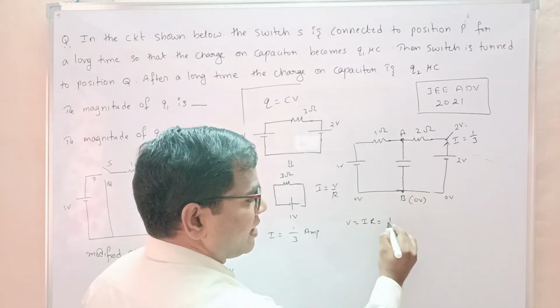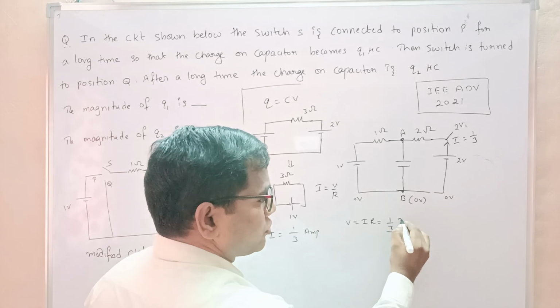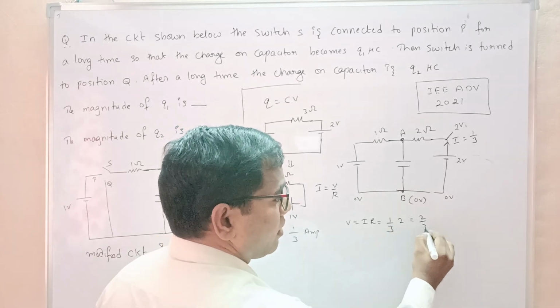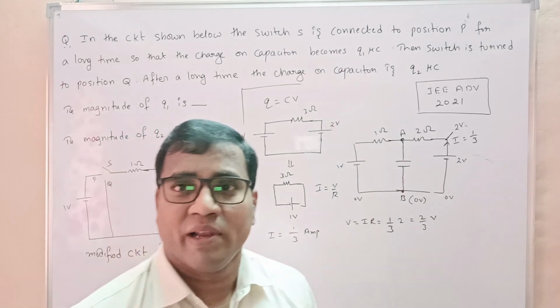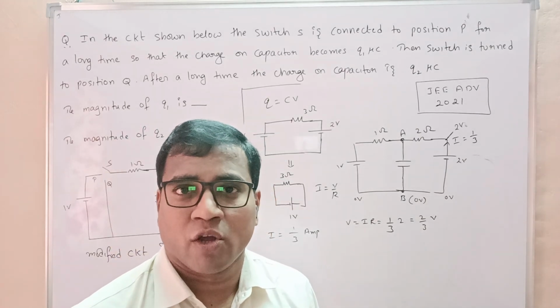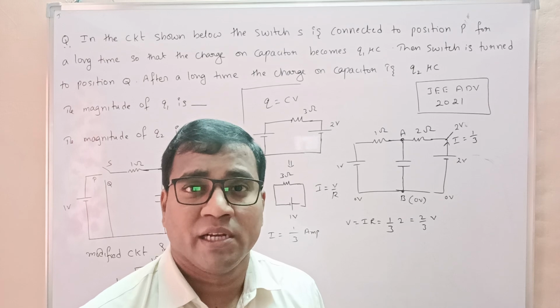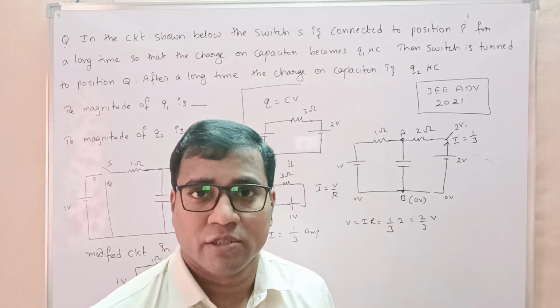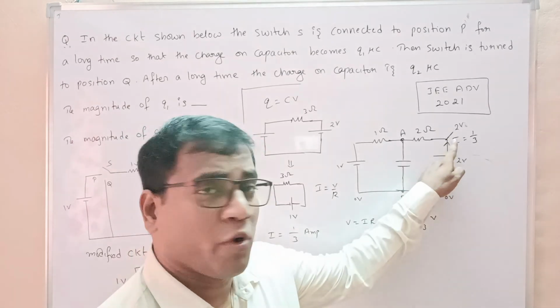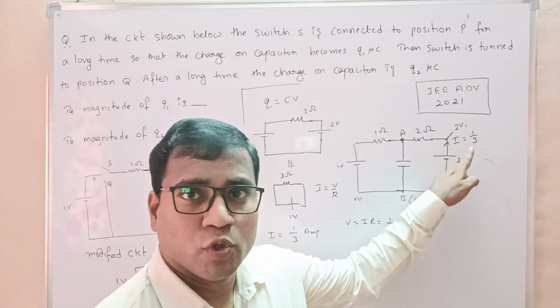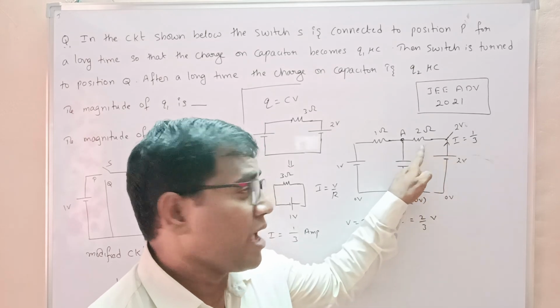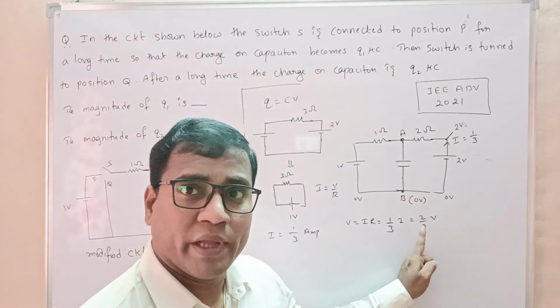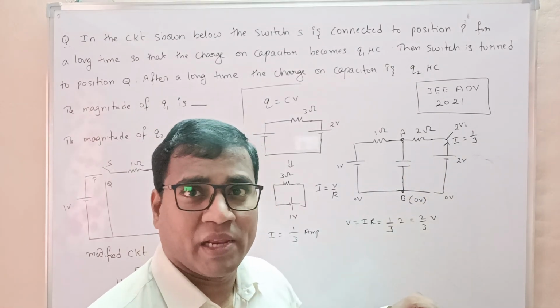I already calculated as 1 by 3, and R is 2, which means 2 by 3 volt. Whenever a resistor is there, there will be a potential drop across it. So at the corner, 2 volt potential is there, and out of that 2 volt, across the resistor a 2 by 3 volt potential drop is taking place.